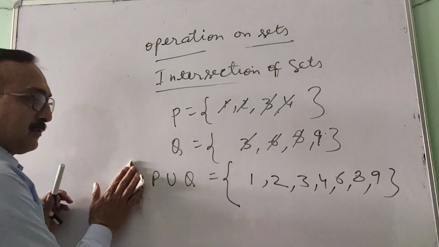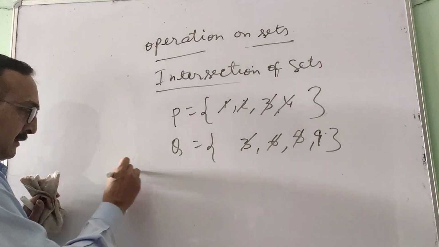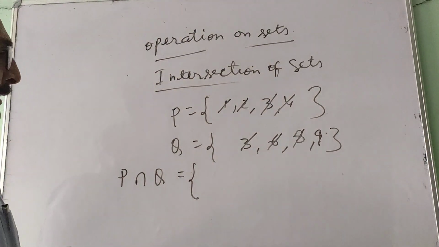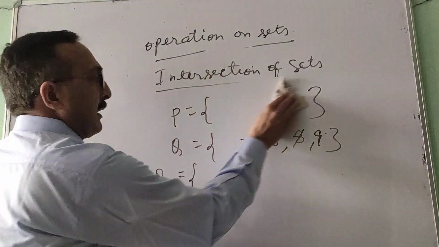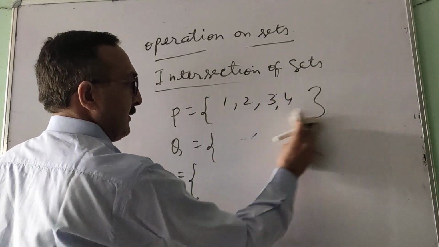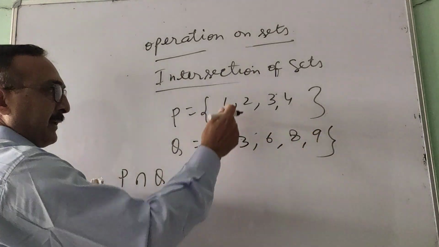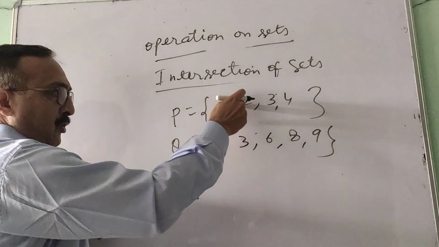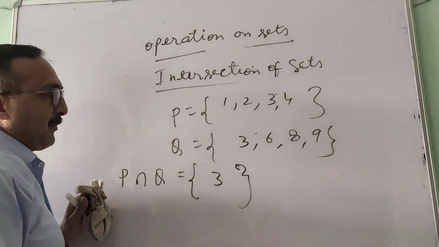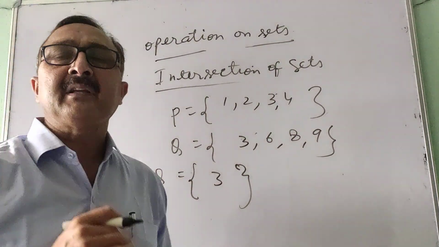If I have to write the intersection, P intersection Q, what is this? Again I take 1, 2, 3, 4 and 3, 6, 8, 9, and now find the common ones. 1, no common. 2, no common. 3, common. 4, no common. Only 3 is common.